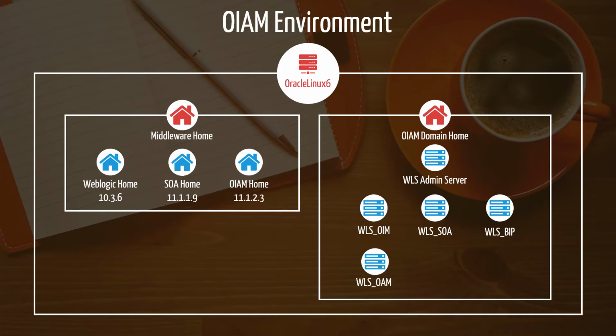And we'll have WLS_OAM, which is Oracle Access Manager, and we'll also have OAM PM, which is OAM Policy Manager, and finally MSM, which is Mobile Security Manager. MSM is optional here, but it's advisable to create it, otherwise you'll get a lot of errors while starting up the admin server.